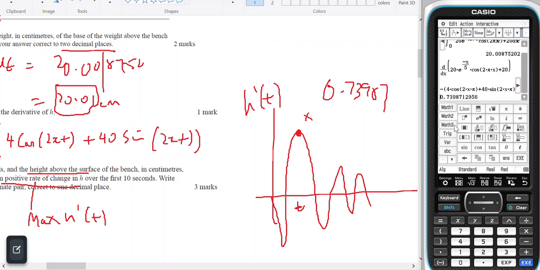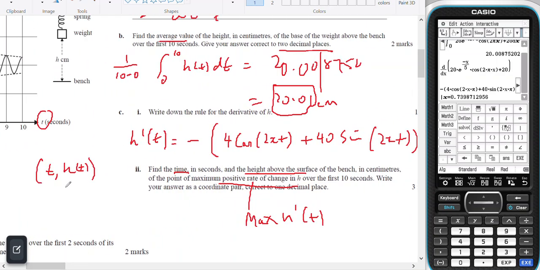So keyboard, math3, given x equals. I need to find the height at that time because it's asking for height. So my answer is going to be 0.73987, and if I grab this expression, this is my height at time t.